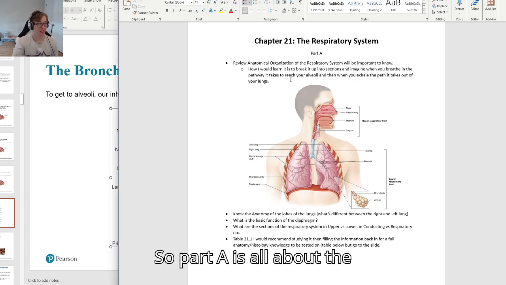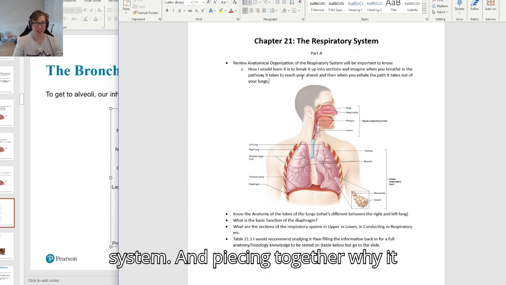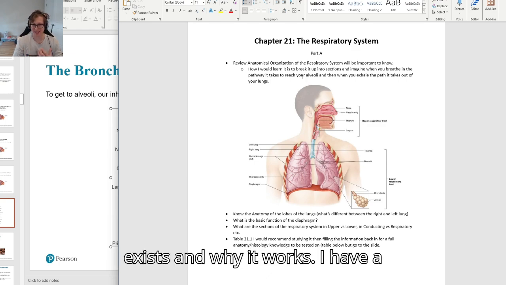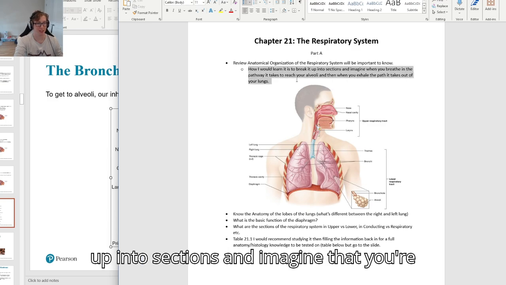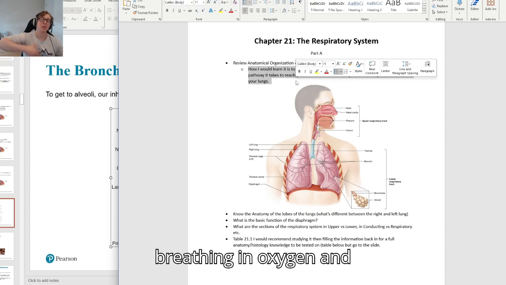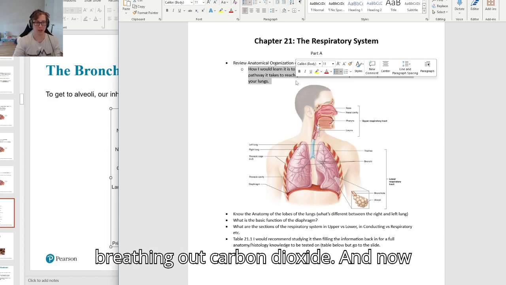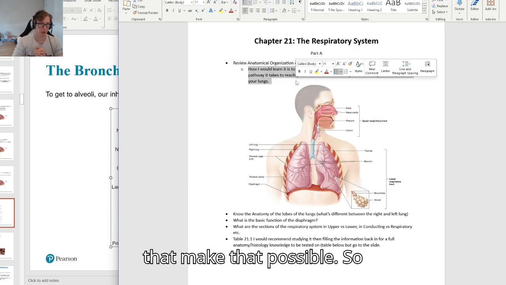So part A is all about the anatomy overview of the respiratory system and piecing together why it exists and why it works. I recommend breaking it up into sections and imagining that you're breathing in oxygen and breathing out carbon dioxide. Now we're going to look at all of the pieces that make that possible.